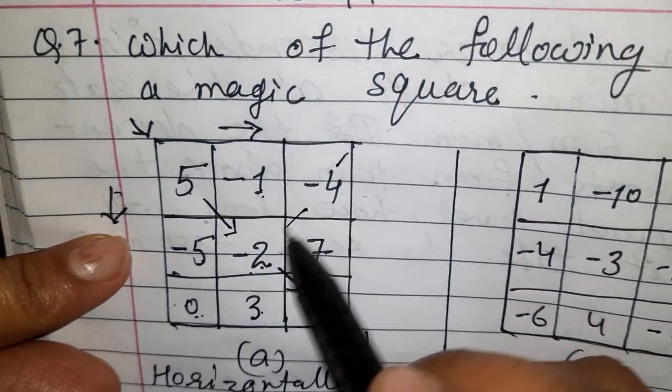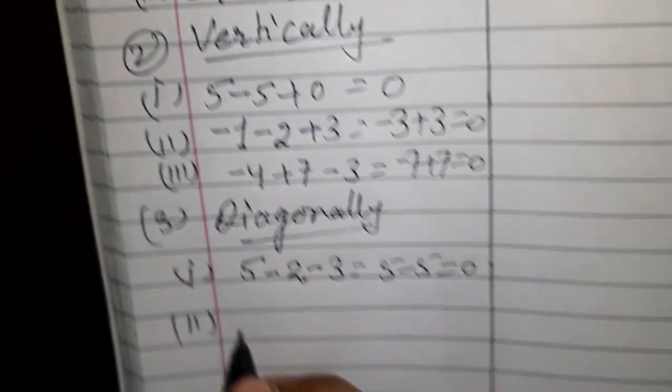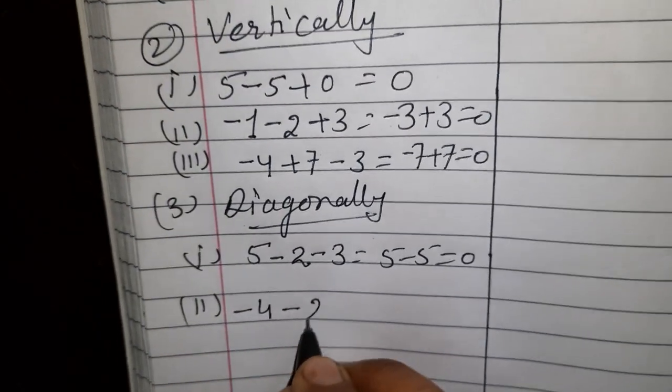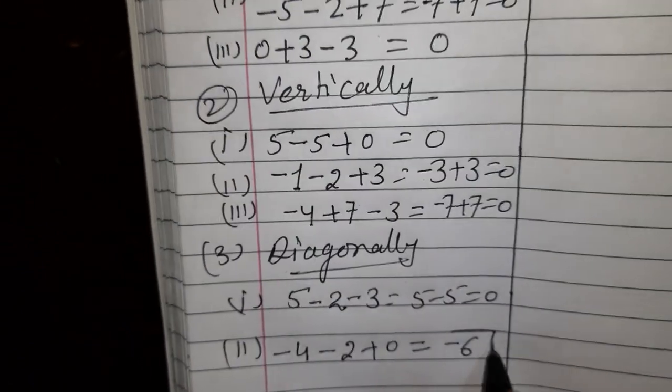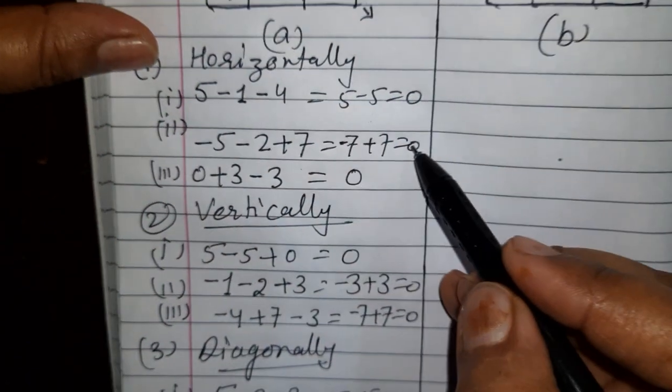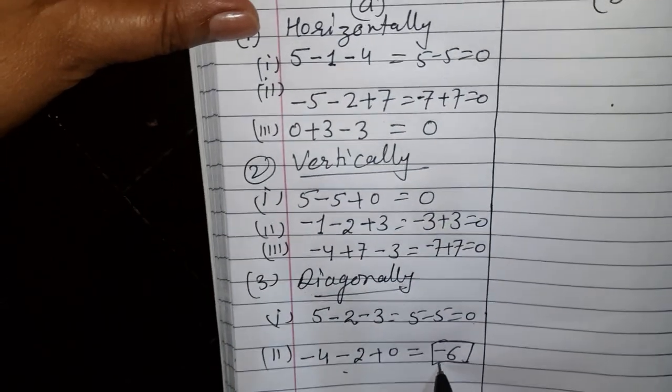Second, this way: minus 4 plus minus 2 plus 0, minus 4 minus 2 plus 0 is minus 6. Now see, everywhere you are getting answer 0, only in this case you are getting minus 6.